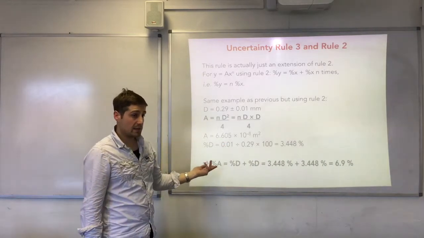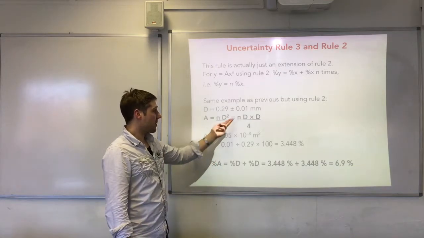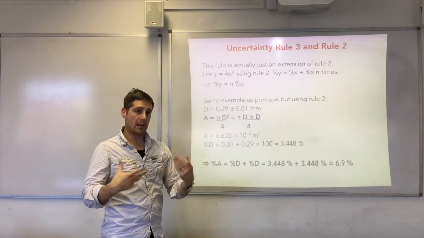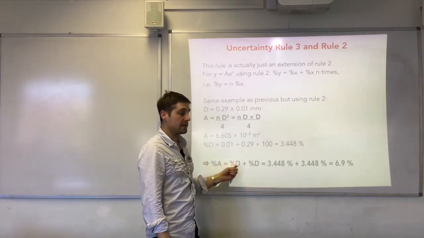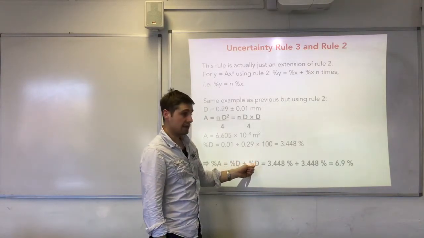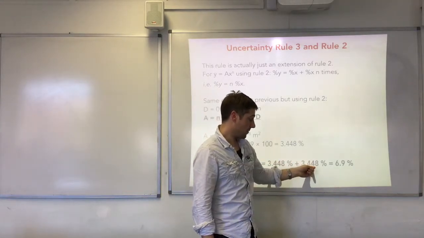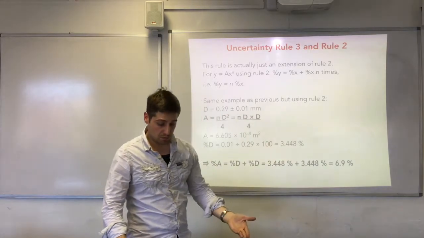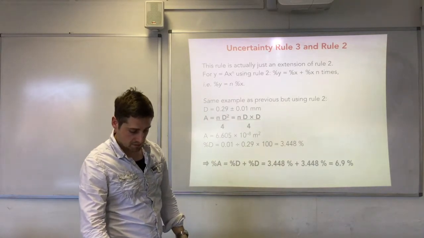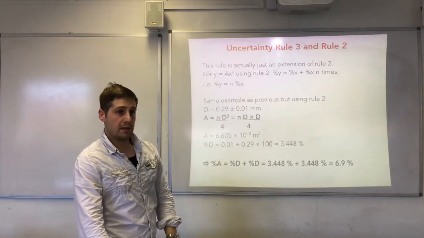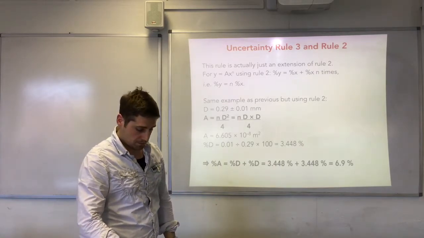So now the percentage uncertainty in A, because I've got D times D, rule 2 says if you have a multiplication, you add the percentage uncertainties. So I do percentage uncertainty in D plus the percentage uncertainty in D. That's 3.448 plus 3.448. That gives me 6.9%. So I get exactly the same solution. And there you go. Rule 3 is just a special case of rule 2.